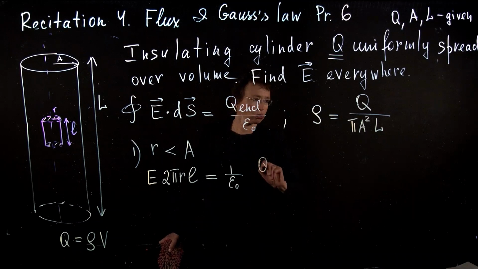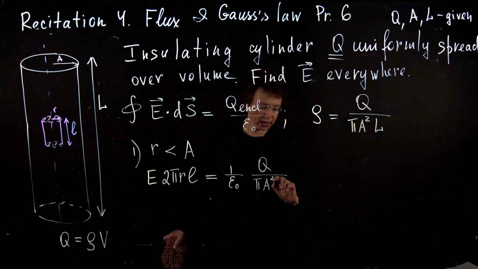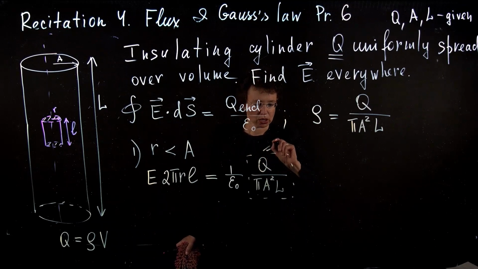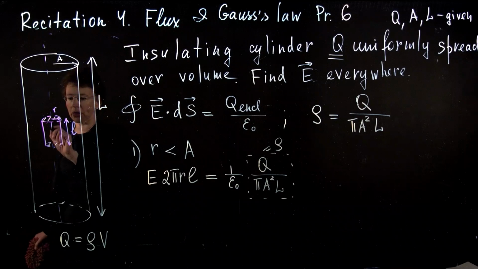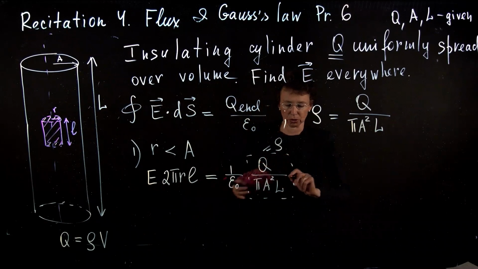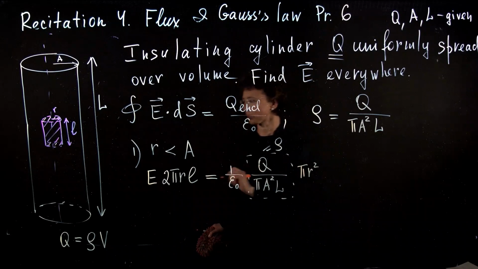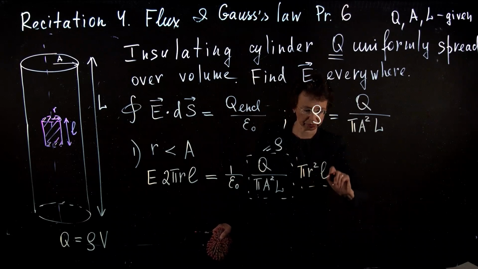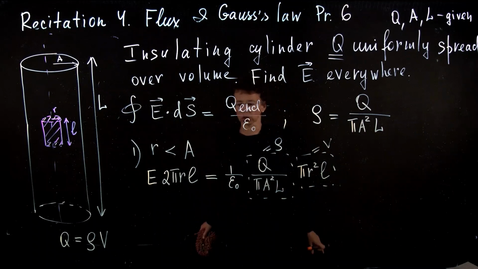We have Q divided by pi A squared L. This is rho, charge per unit volume, times the volume enclosed by this Gaussian surface. What is the volume of this Gaussian surface? It is pi little r squared times L. This is V. Rho V is the charge enclosed.